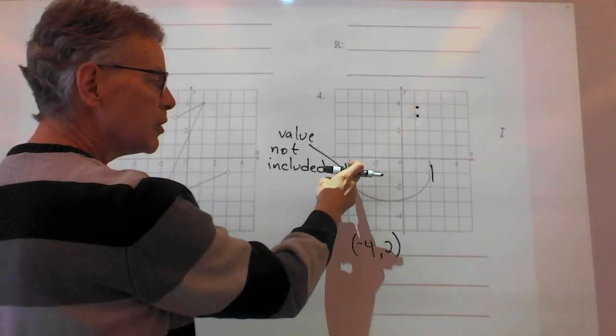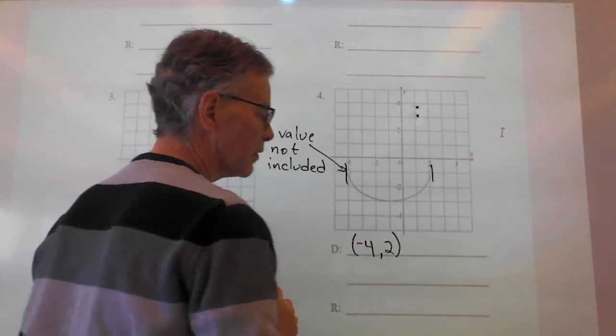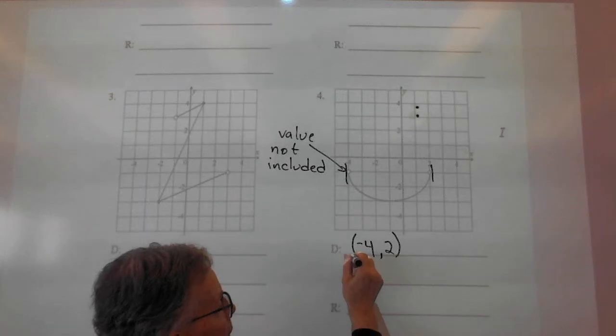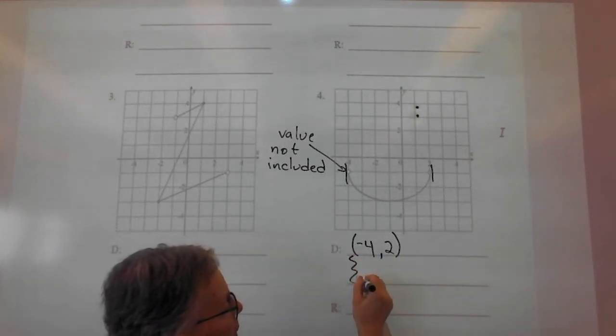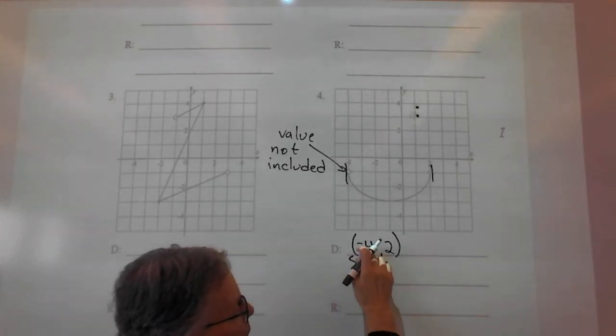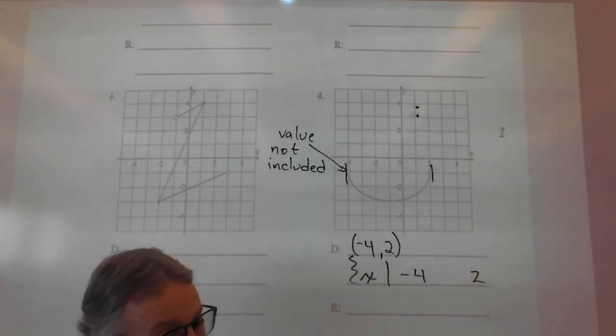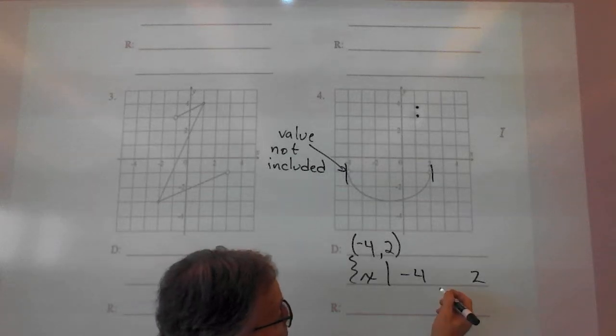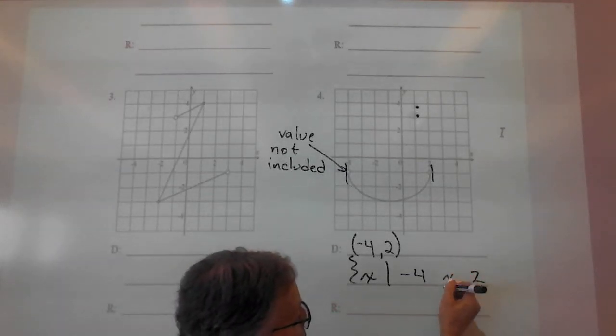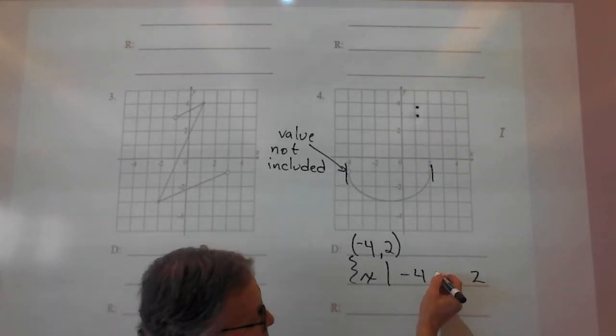Now, we show this in set builder notation slightly differently. So again, squiggly bracket, x, such that we have a minimum value of negative 4, a maximum value of 2. So far it's exactly the same. X goes in between. This is where it changes.